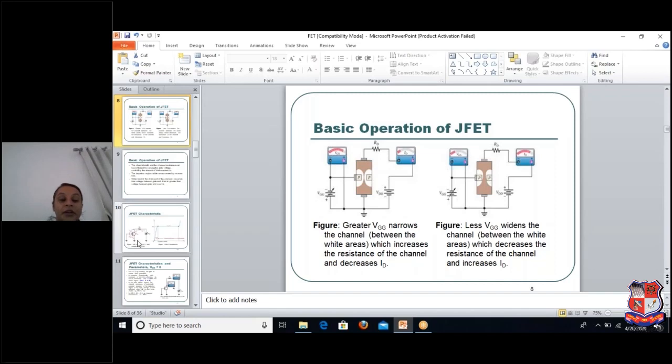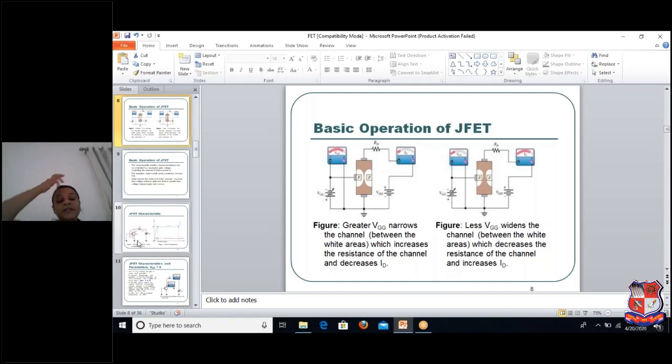The ID current will flow, but due to the reverse bias, most of the majority carriers will flow from source to drain, while the remaining electrons go to the reverse bias, because the gate terminal is also connected to the positive. So your drain current will decrease. When VGS is 0, your drain current will be maximum.